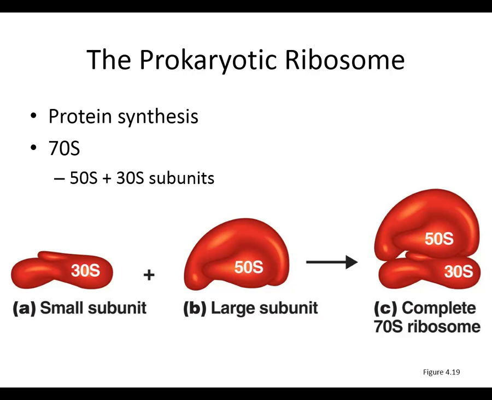Those two together come together to form the 70S ribosome. Yay, ribosomal math. Don't you love it? Okay. Do you need to have an explanation of this, or are you good with ribosomal math as it is? Explanation, please? Okay, so the S stands for Svedberg units.